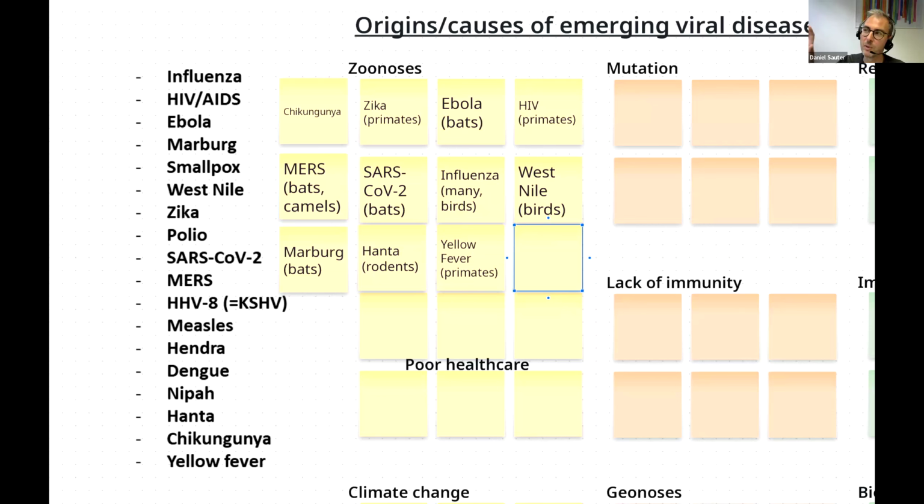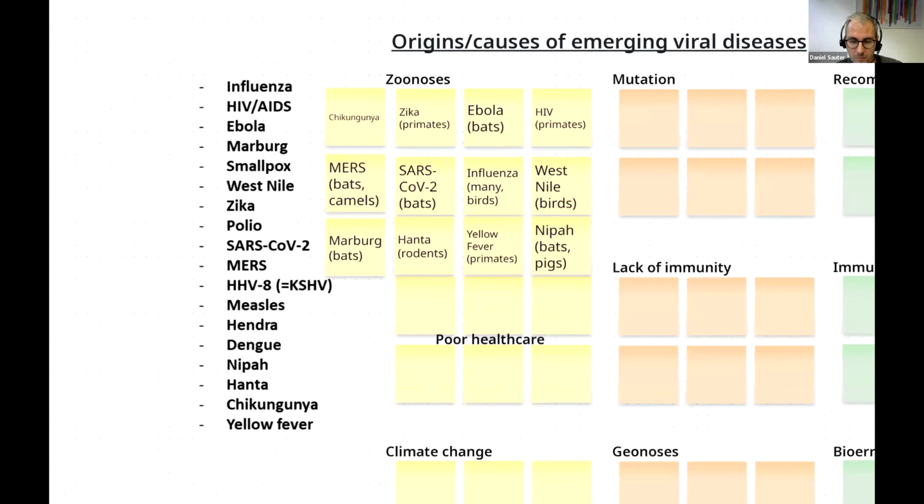You just remember, the bats dropped the fruit that transmitted the virus to pigs, which then transmitted the virus to humans. That would be a true scenario for Nipah viruses. Perfect. Let's leave it there for the first one. This nicely illustrates that the vast majority is actually coming from animals and a lot of different animal species.